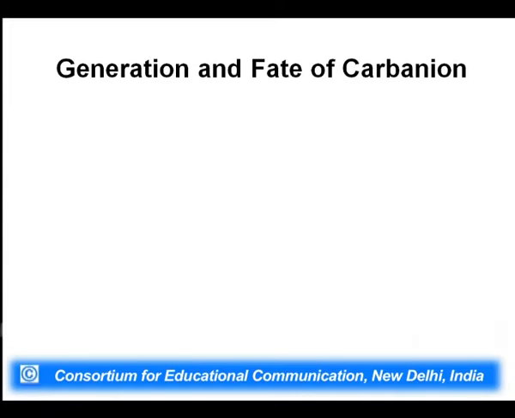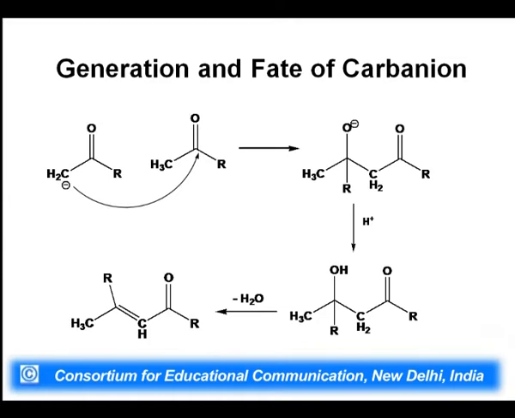Then we move on to another type of reaction, which is the Claisen condensation. You would understand the concept we did in earlier lectures about nucleophilic addition and nucleophilic acyl substitution. In the previous case, it is a case of nucleophilic addition.